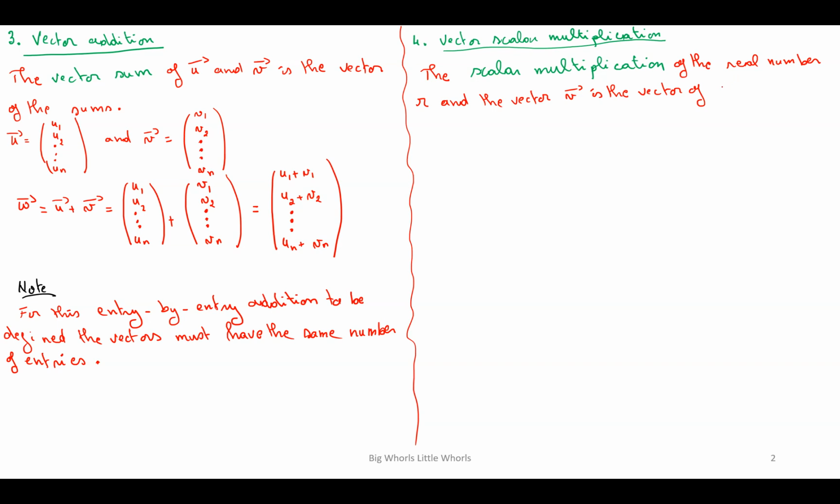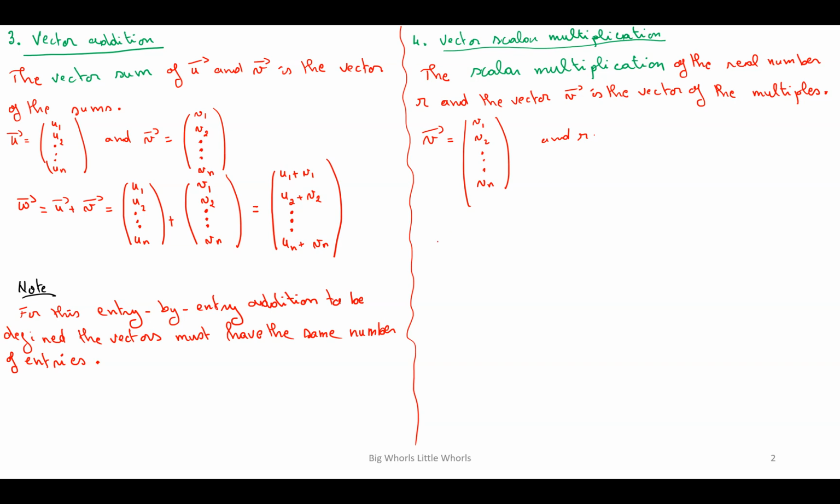You will see shortly what I mean by that. Let's say we have a vector v whose components are v1, v2, vn, and we have a real number r.